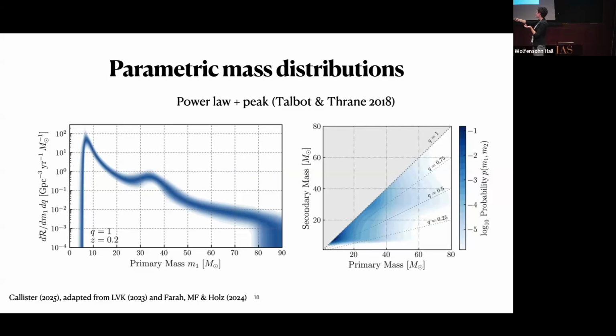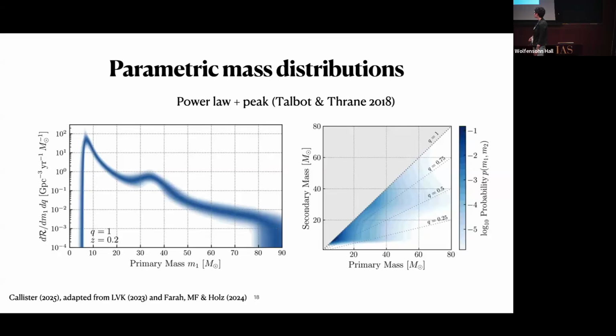One of the things we inferred in the third observing run is that there is a deviation from just a power law, and one way to write that deviation in a way that still does an okay job of fitting the data is to introduce this Gaussian peak that the data find to be at around 35 solar masses. You can also look at it in the joint primary mass and secondary mass distribution.